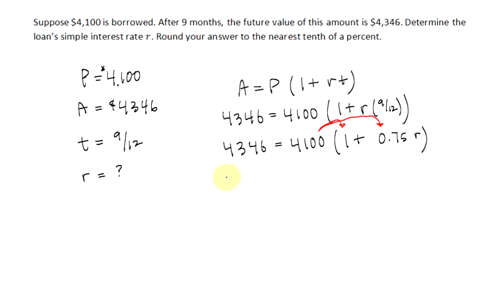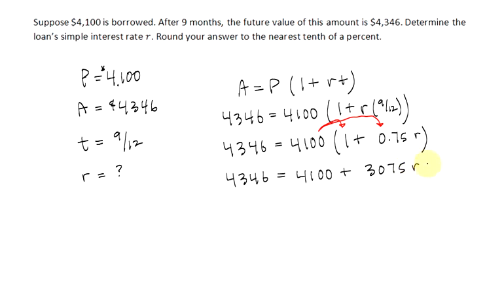So that gives us 4,346 on the left side. 4,100 times 1 is equal to 4,100 plus 4,100 times 0.75, when you plug that into your calculator, should give you a result of 3,075 or $3,075, and then we just need to remember to tack that R on the end of it.